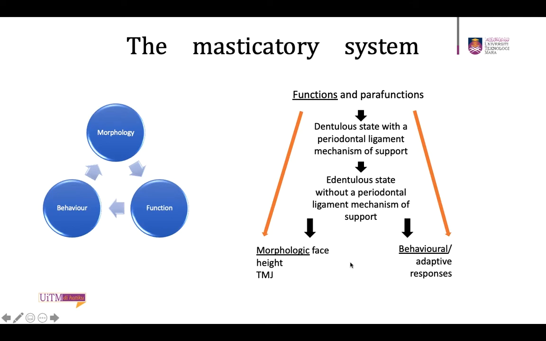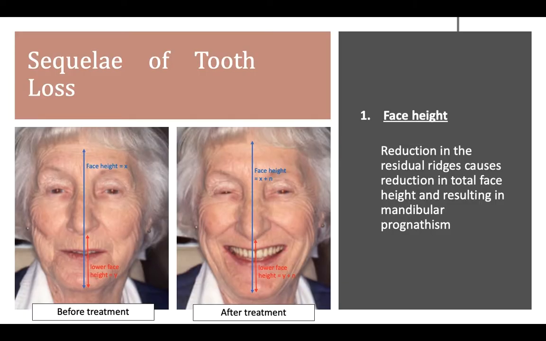This will also affect how it behaves in the temporomandibular joint, and the loss of teeth will also have some effects to the overall appearance and overall behavior of the patient. So we will cover this in the next slide.